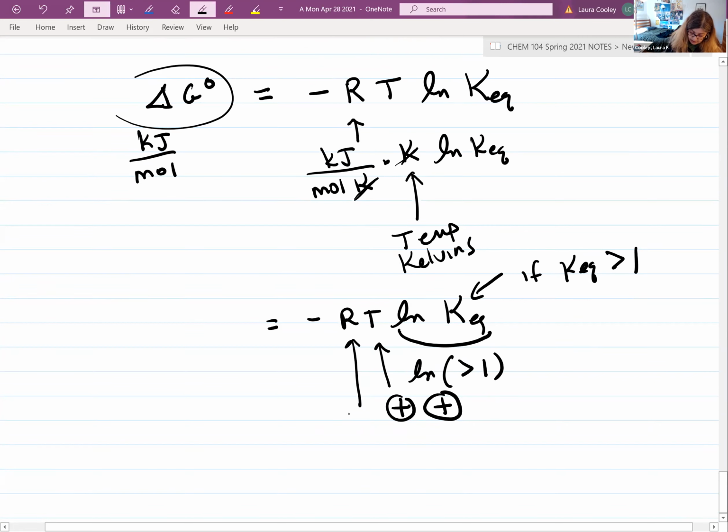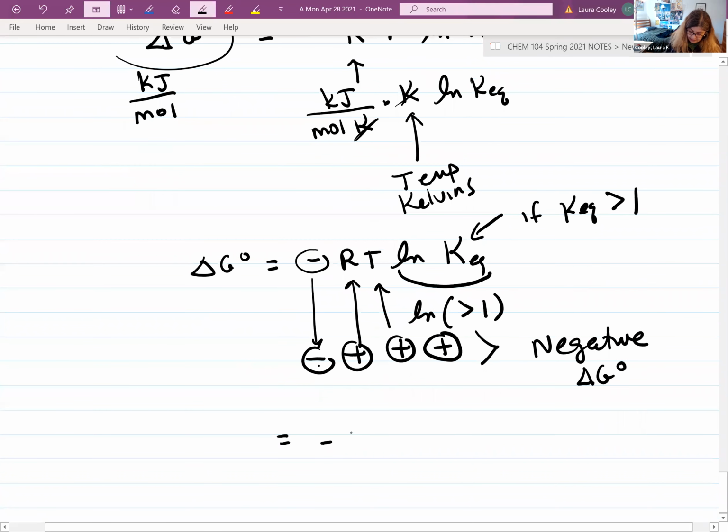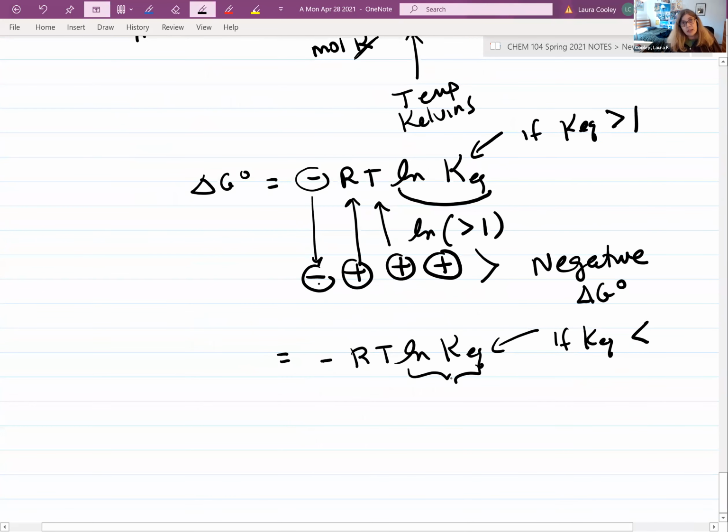The gas constant is positive, but this sign here, if you multiply negative times all these positives, you'll have a negative value. So you end up with a negative delta G zero. On the other hand, if K equilibrium is less than 1, the log of something less than 1 is negative.